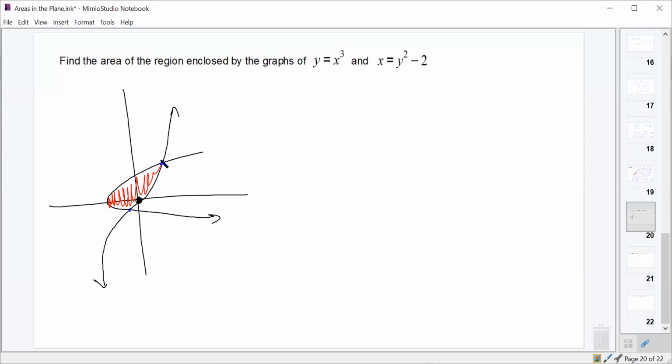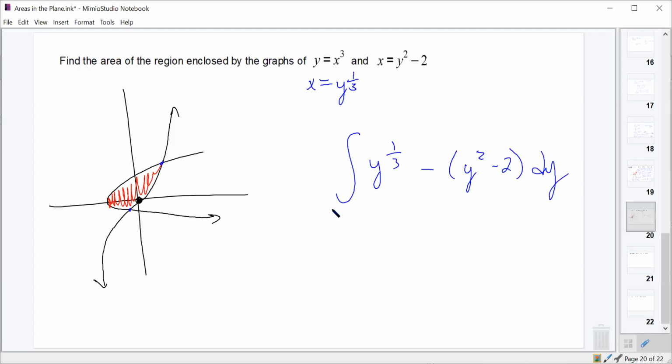The x cubed. Right, which we should probably rewrite as x equals y to the 1/3. So we want an integral of y to the 1/3, the rightmost one, minus the leftmost one. And it's that simple other than finding these limits of integration. And so how will we find our limits of integration?